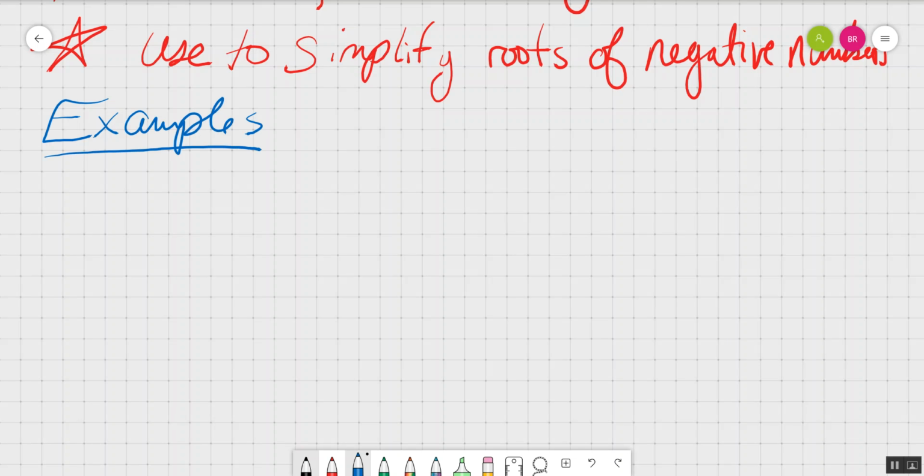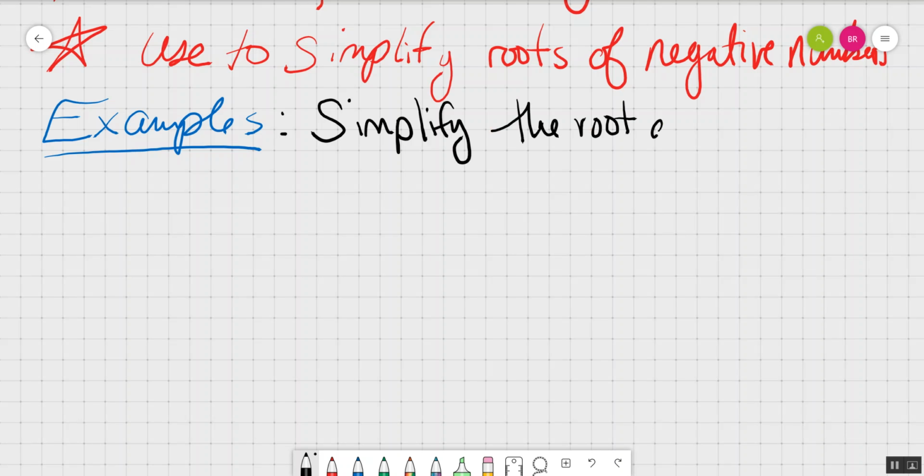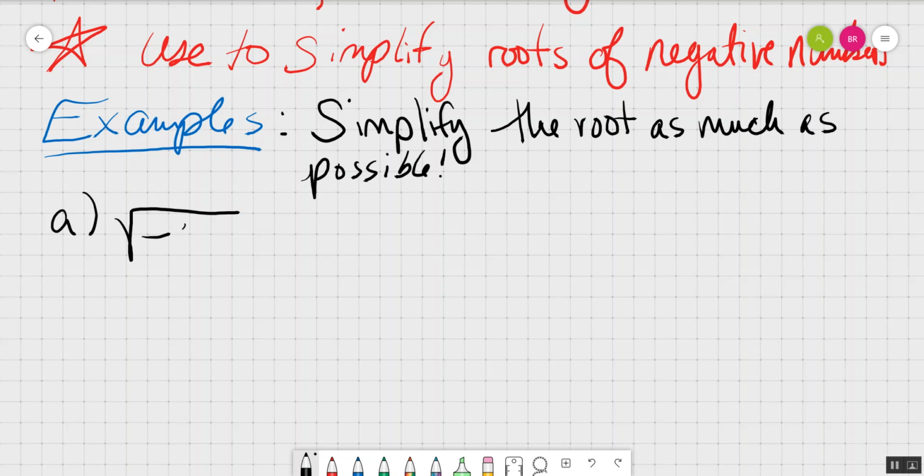So we're going to simplify the root as much as possible. All right, so our first one is the square root of -81. Okay.